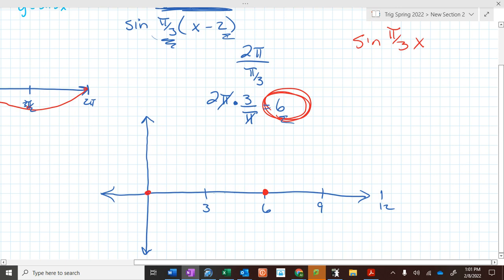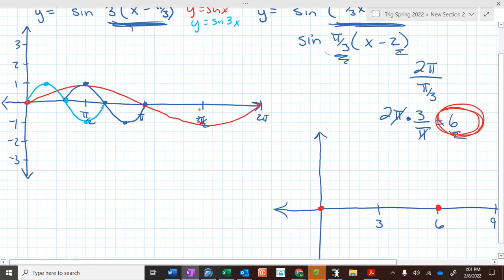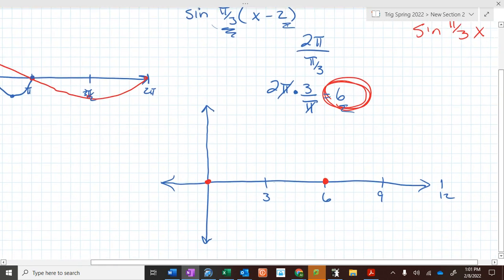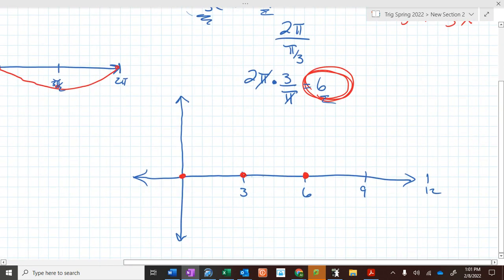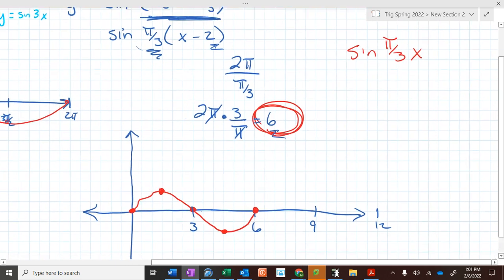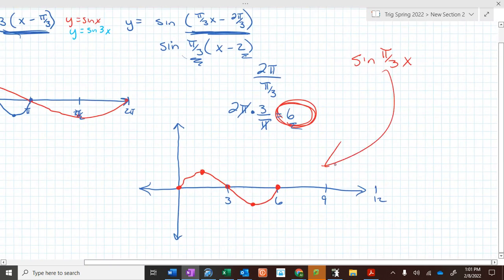And halfway in between on a sine curve is also on the x-axis, right? So halfway in between these two, that should go up to 1, and halfway in between, it should go down. So this is the sine of pi over 3 x, like that.